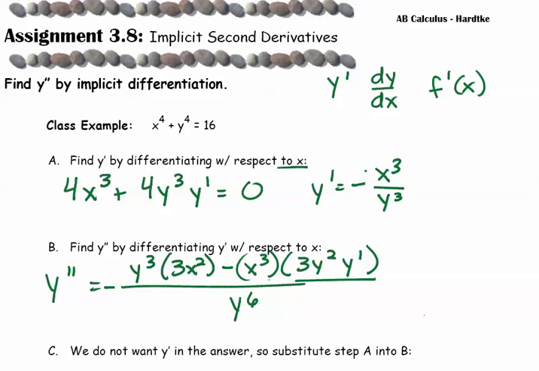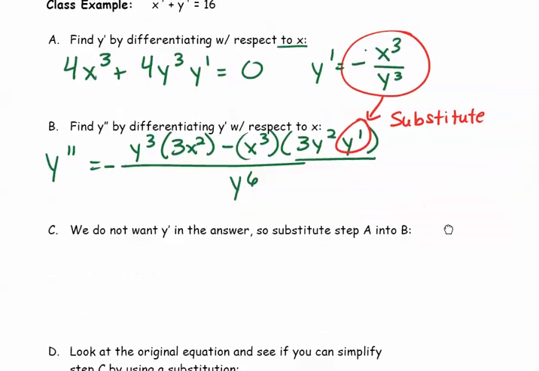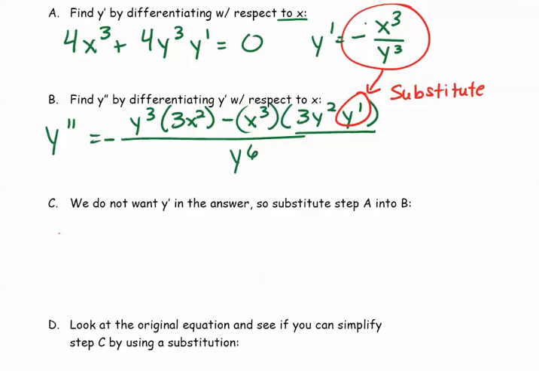And now we can clean this up a little bit, and notice that we have this y prime term here. A derivative doesn't belong within a derivative if we have an alternative. And here we have a very easy alternative, and that's to replace y prime with its equivalent value from our previous step.